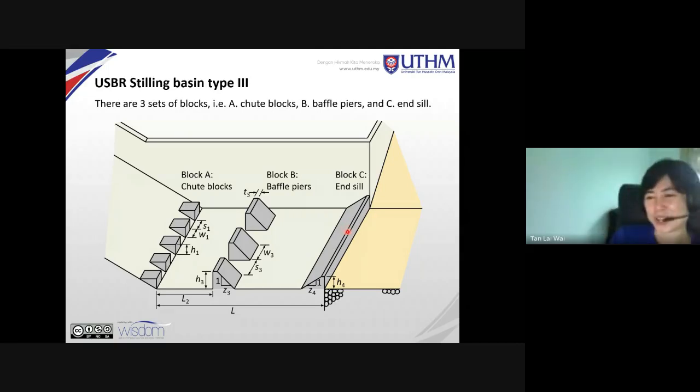You don't need to provide the number, but you need to have the height. There's actually thickness as well. I'll show you the formula later, and also the slope, which is denoted as Z4.